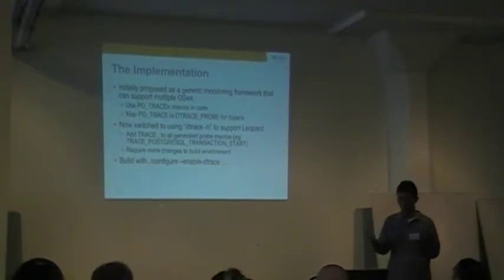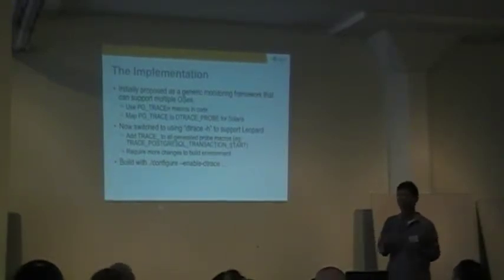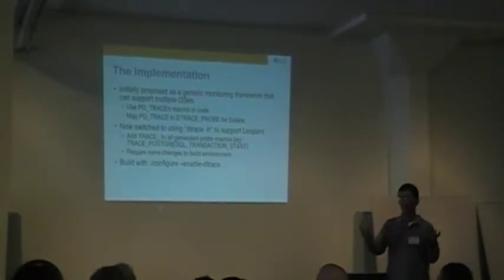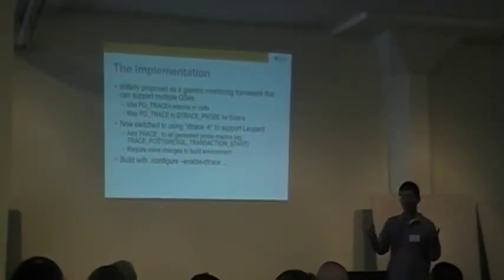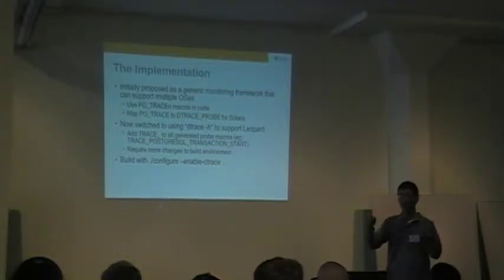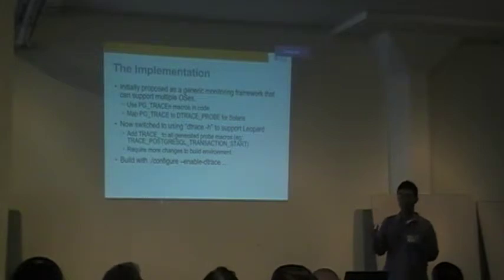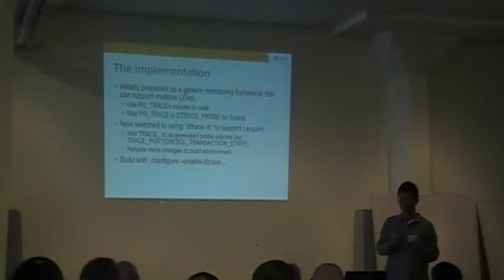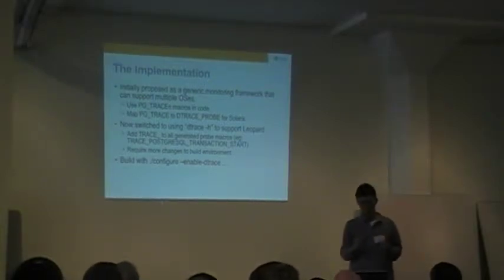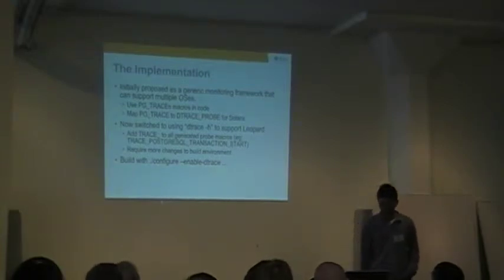And then again, with the generated macros, the community had an issue with the macro names, PostgreSQL, the provider name, and the probe name, because they see that as a macro inside a macro that's used in Postgres itself. For example, for lock, you can see something like PostgreSQL LW lock acquire. It doesn't seem very intuitive, so they wanted us to have a trace in front of all the macros. So that had to be done.